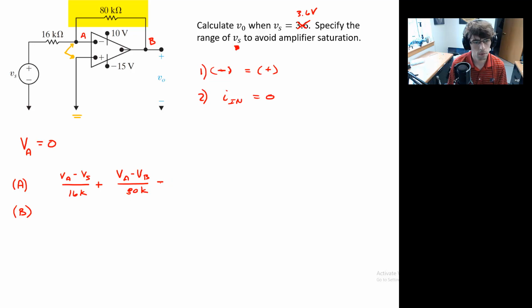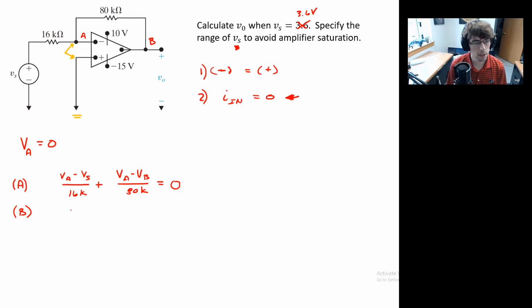And that whole rigmarole equals 0. Again, I'm using the second rule here. The other golden rule telling me the input current to the inverting input is 0.